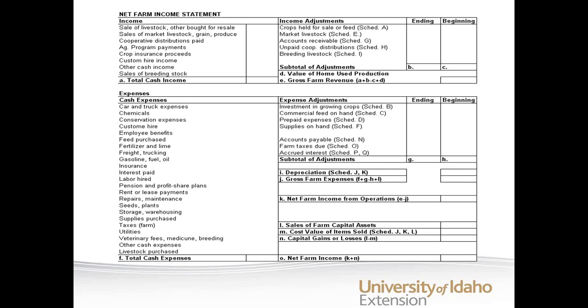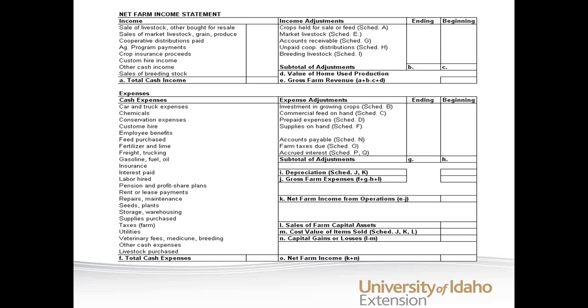So crops held for sale, let's just use that for example. The ending balance sheet will have a value and the beginning balance sheet will have a value. And if more crops are held at the end of the year than at the beginning of the year, then those crops could have been sold, so they need to be credited to the farm income for that year in order to correctly assign the production to that particular year.